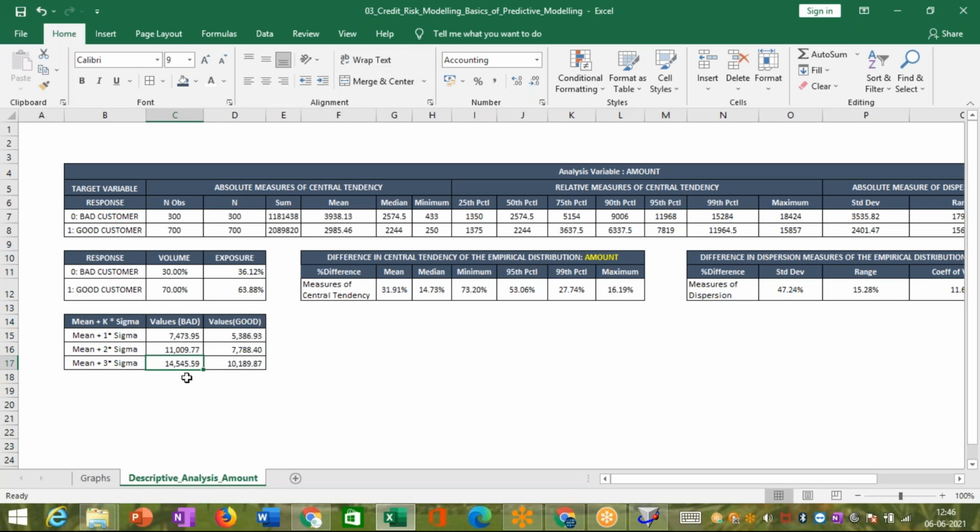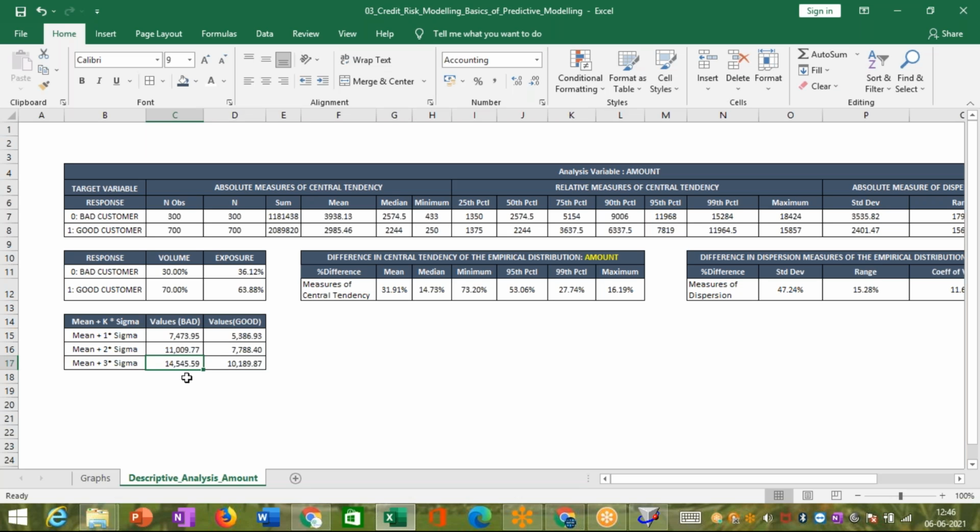So I'll repeat once again: had it been a normal distribution, then 99.97% of the observations would have been within a value of 14,545. But here we see that the value is somewhere between the 95th and 99th percentile, so it may be the 96th or 97th percentile value.